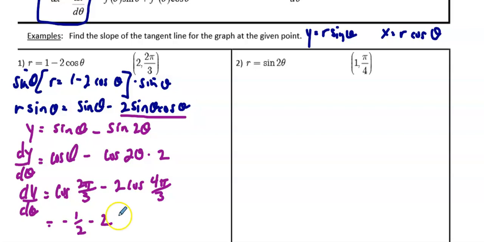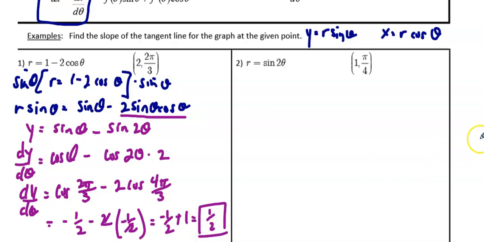Then minus 2 times cosine of 4 pi over 3, which is in quadrant number 3, so again it's negative 1/2. So I get negative 1/2, and this is going to be plus 1, so I get 1/2. So this first part, dy over d theta, is equal to 1/2.